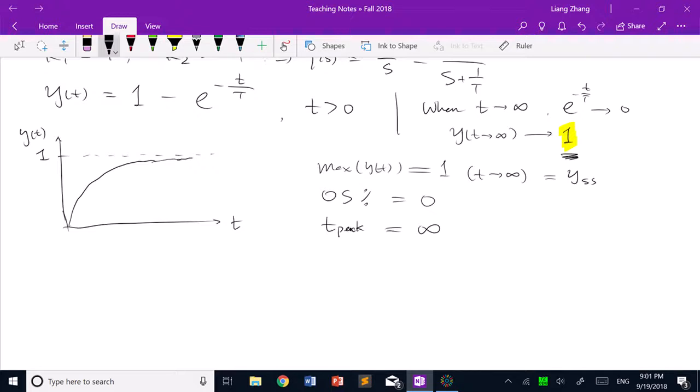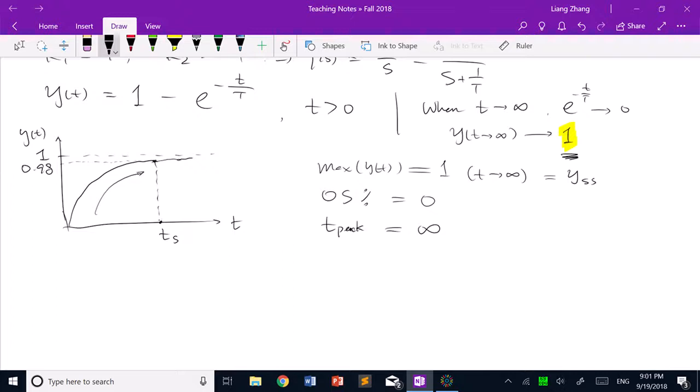Let's look at the settling time, which is relatively easy to calculate, since the curve we have here is monotonically increasing, right? So it only becomes larger and larger. If you want to calculate the settling time, you only need to find 0.98 and see where this one is located.